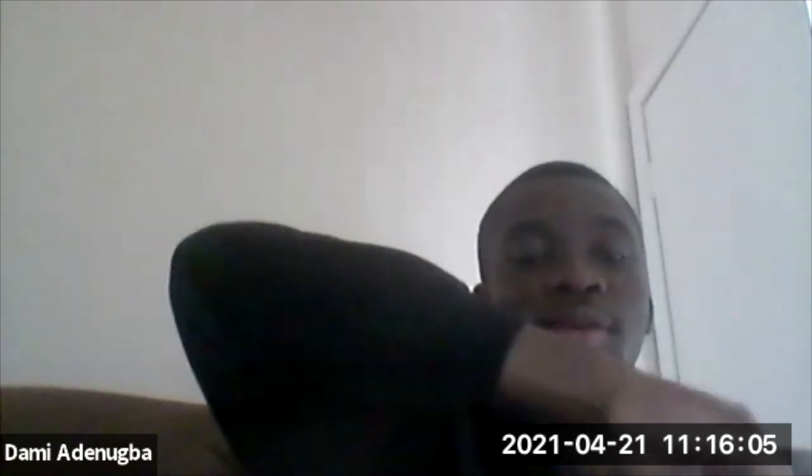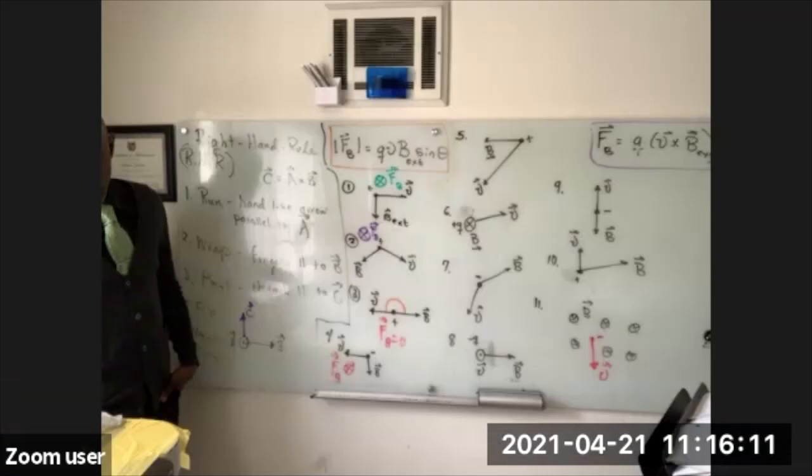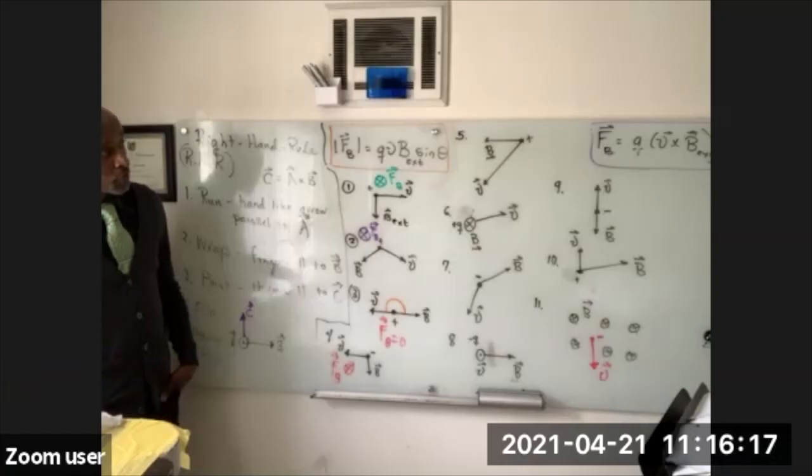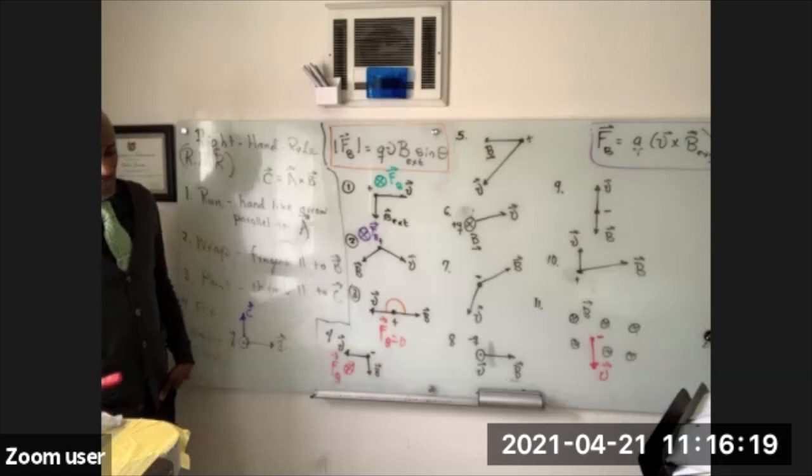I don't know if I'm orienting my arm the right way. When you say towards you, what do you mean? Towards me, so it's out of the board. Yeah, out of the board. There you go. You got it.